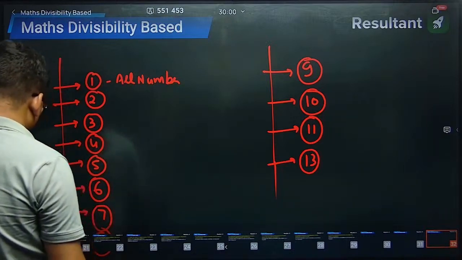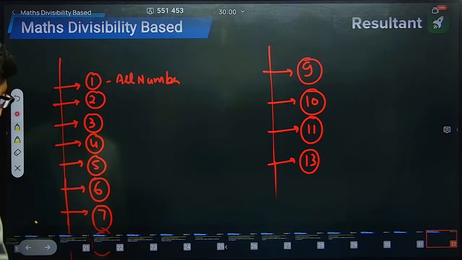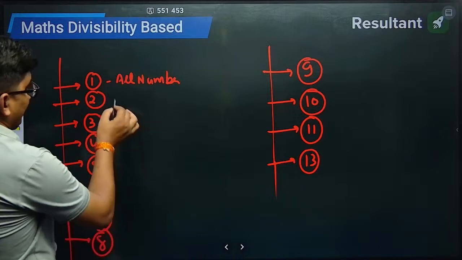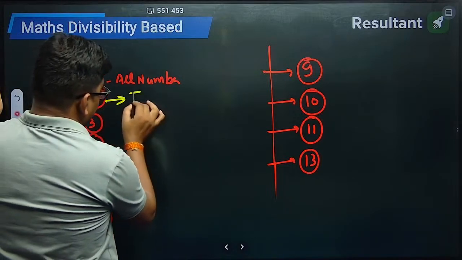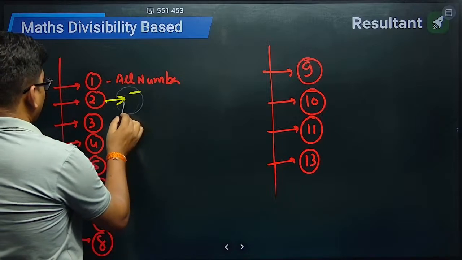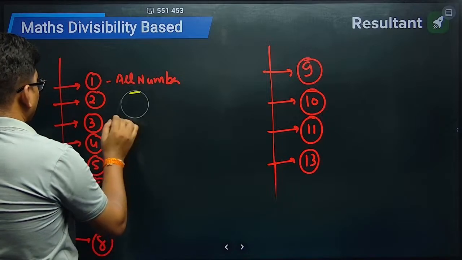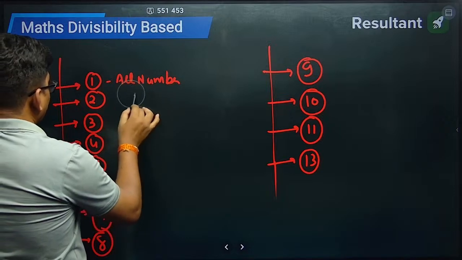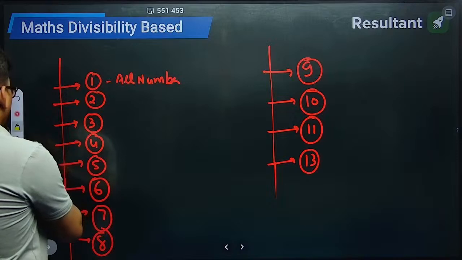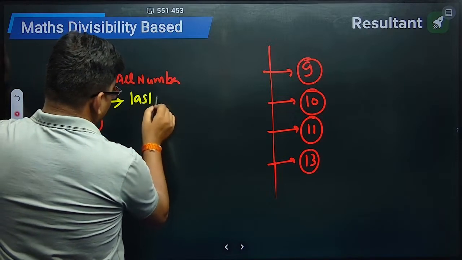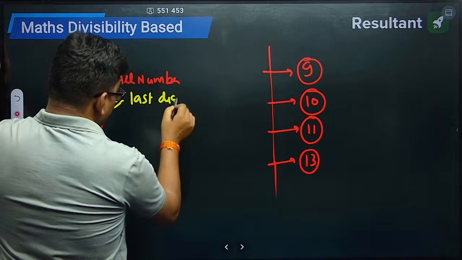2, 4, 8. So now, divisibility of 2 depends on the last digit or unit digit of the number.